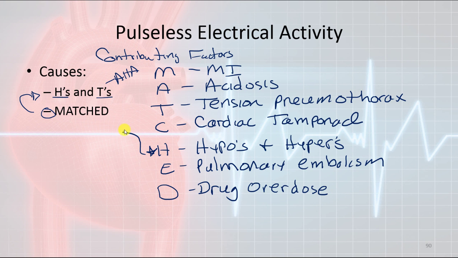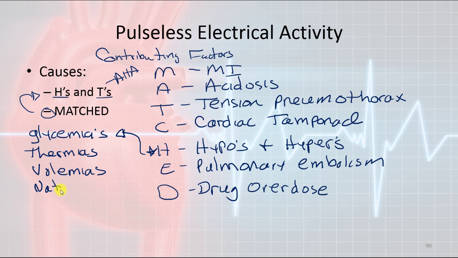When I talk about hypers and hypos, what I mean is consider all of the glycemias, thermias, volemias, any of the electrolytes like natremias, calcemias, potassemias, or kalemias.